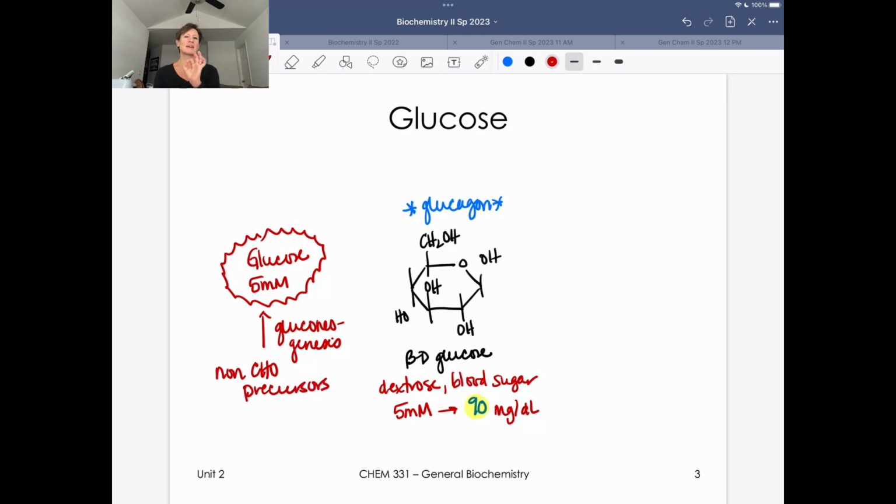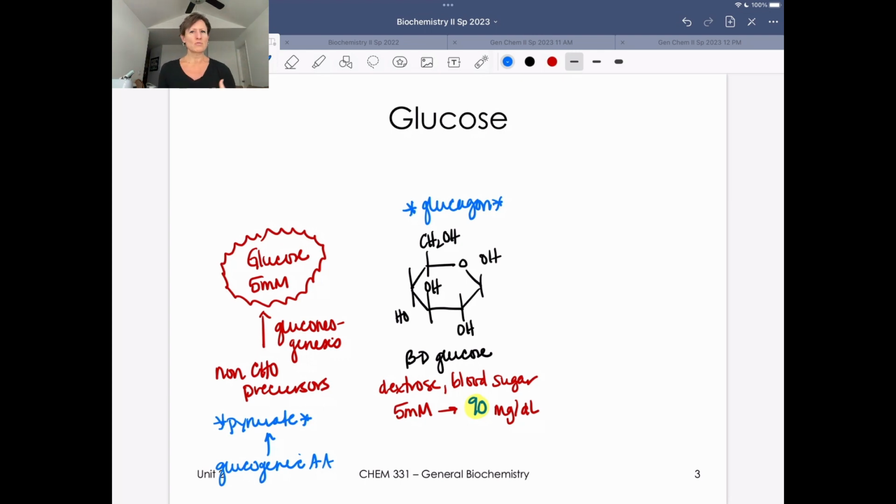Importantly, these non-carbohydrate precursors ultimately are best if they're converted into pyruvate, because pyruvate is the end point of glycolysis, and glycolysis is a reversible metabolic pathway, so we can synthesize glucose from pyruvate. That's why we refer to glucogenic amino acids as any amino acids that can ultimately be made into pyruvate. And in doing so, you essentially can convert protein into glucose. So that's our bottom-up approach.